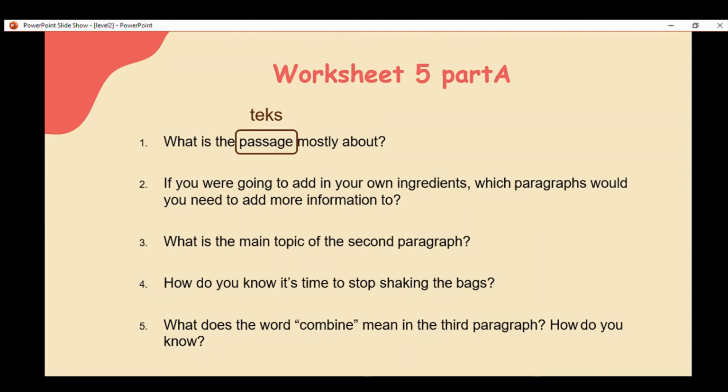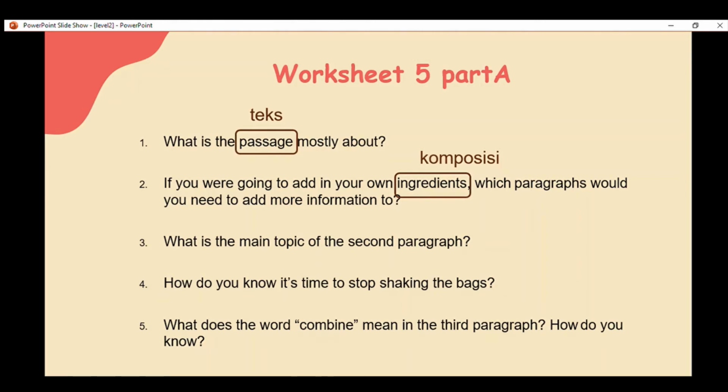Number 2, if you were going to add your own ingredients, which paragraph would you need to add more information to? The clue in this question is ingredients. Ingredients means composition. And the question is which.